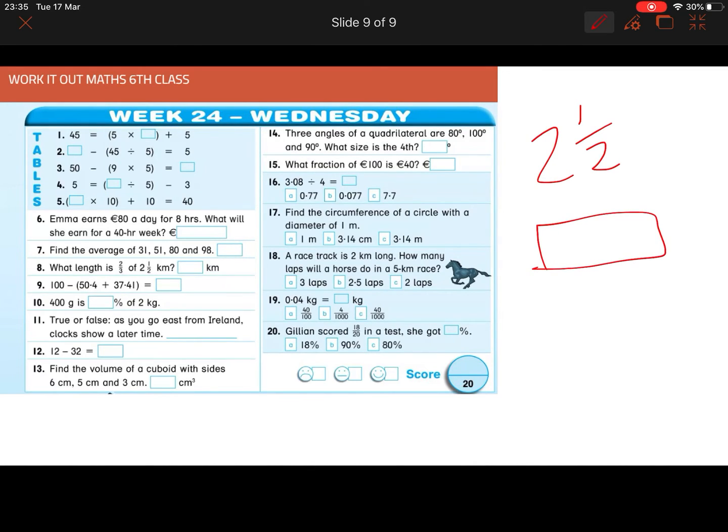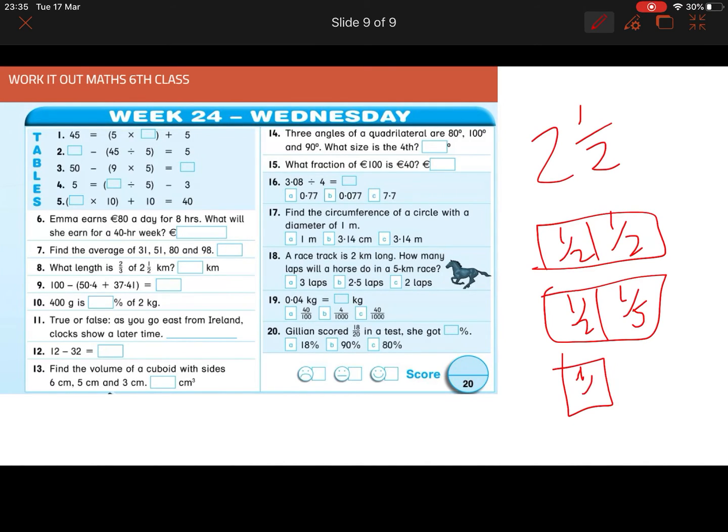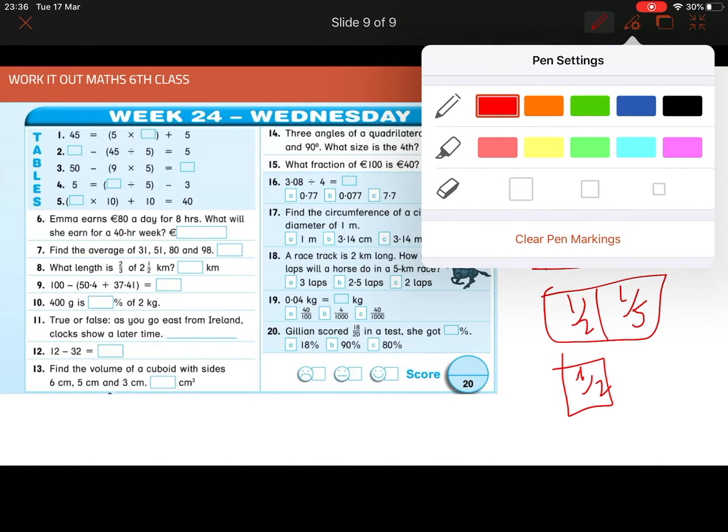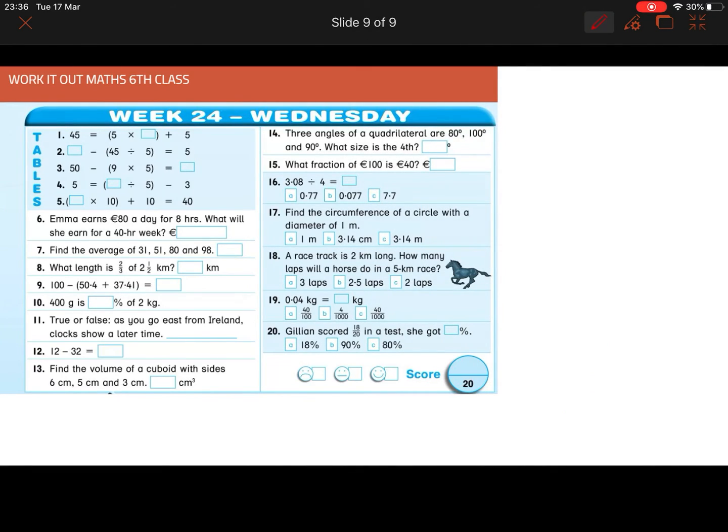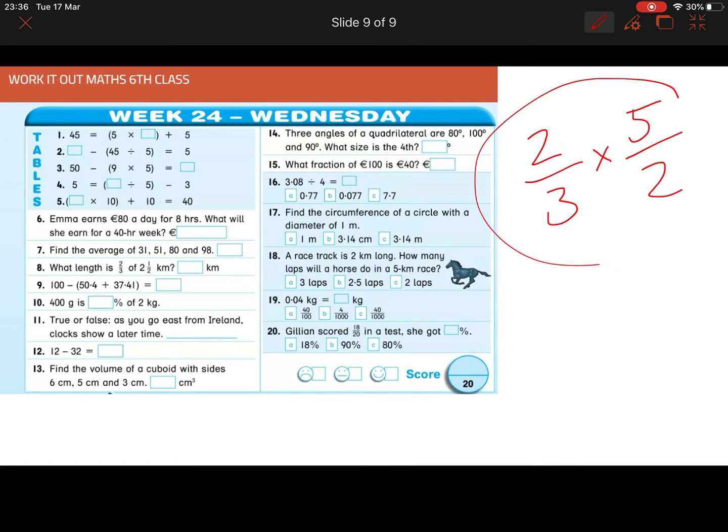So 2.5, here I have 1, 2.5. How many halves do I have altogether? I have 5 halves. So 2.5 is equal to 5 halves altogether. Okay, now that we know that, we can say we're looking for 2/3 multiplied by 5 halves, and that would be easier for us to work out. Okay, so that's the easy way to work out number 8. It's a bit tricky.